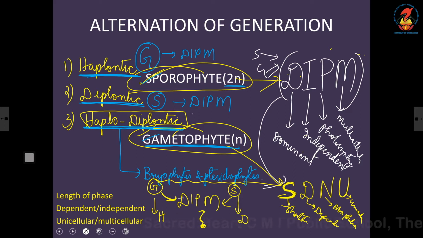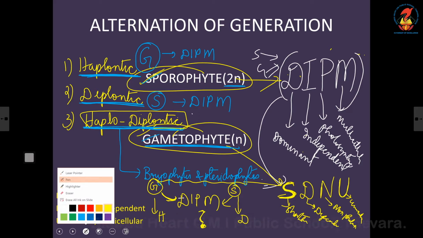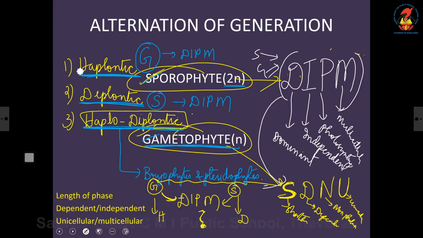So the three life cycles are, once again, haplontic. Very clear. From the life cycle we can understand that the gametophytic phase is dominant, that is, it is DIPM, dominant, independent, photosynthetic and multicellular. In the second category, diplontic, we can guess it is the diploid phase, the sporophyte, that is DIPM.